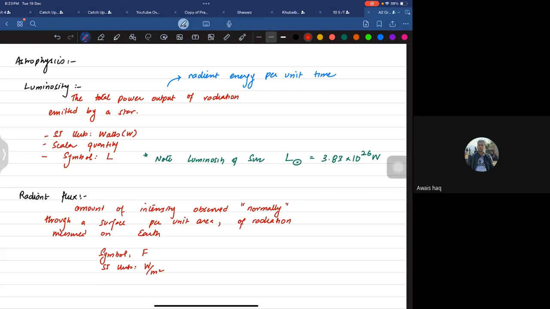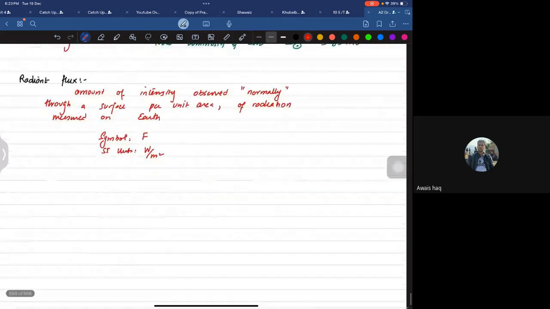Okay, now what happens next is that suppose there is a star. I hope the star is drawn like that. And obviously the star is twinkling, which means it's radiating energy from all sides.